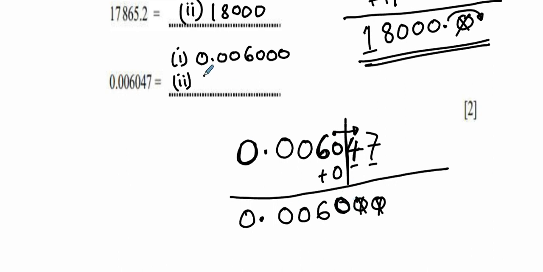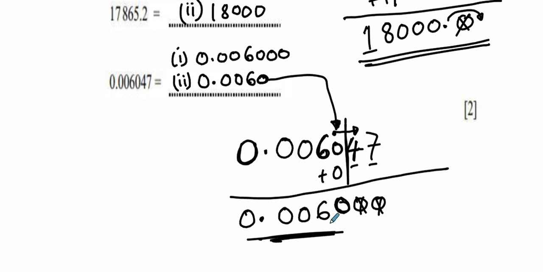So this will be 0.0060. The zero you can see here was counted as a significant figure, so you don't have to cancel that. Okay, I hope that helps. So let us proceed.